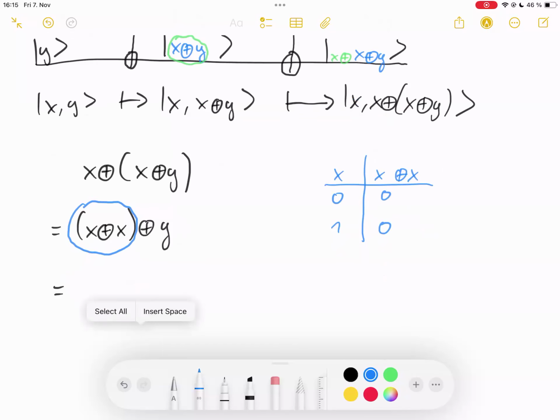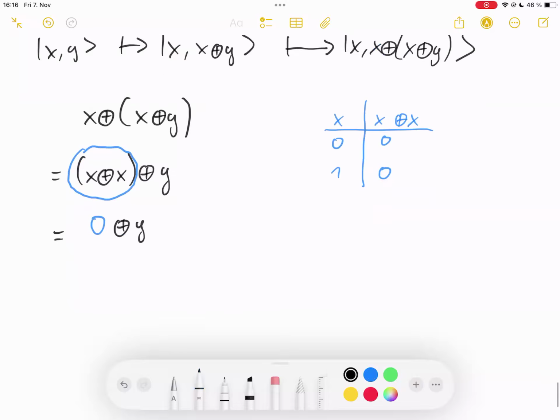And if I have this 0 XOR Y, we can also think about this. So I have a Y here and a 0 XOR Y, so 0 or 1.